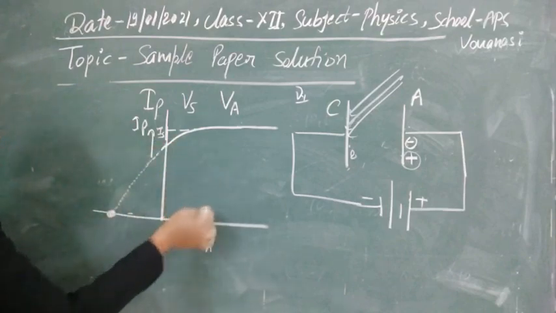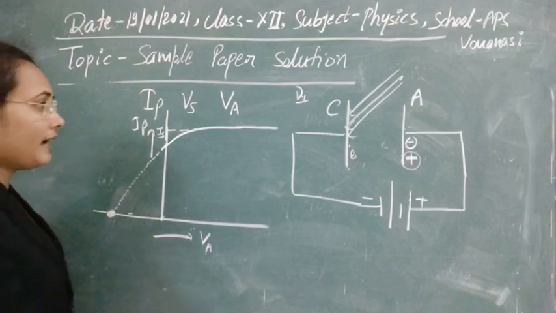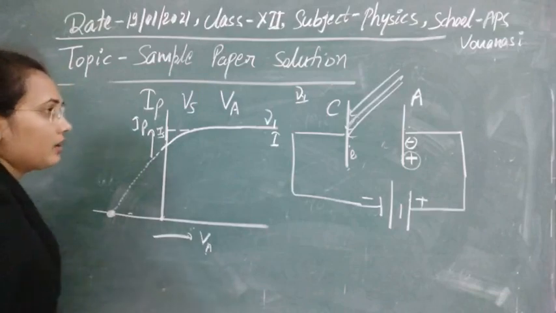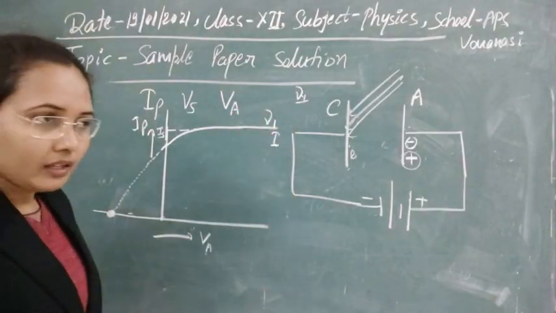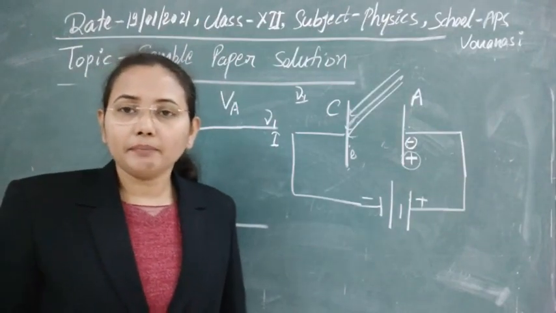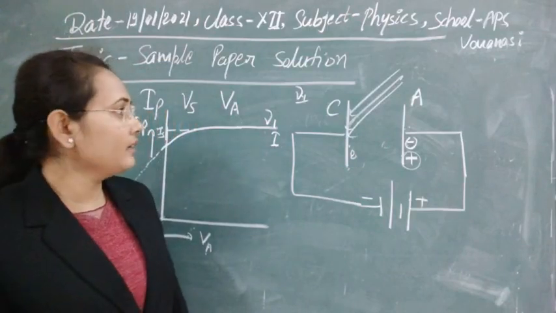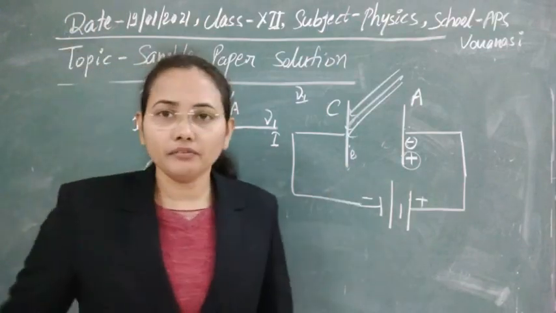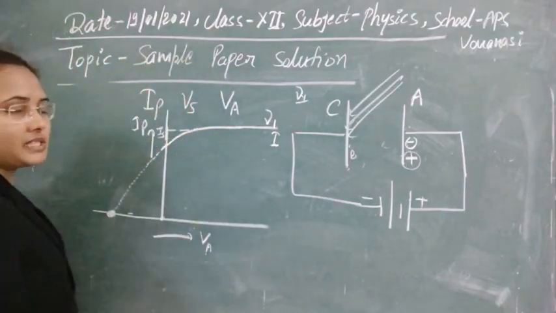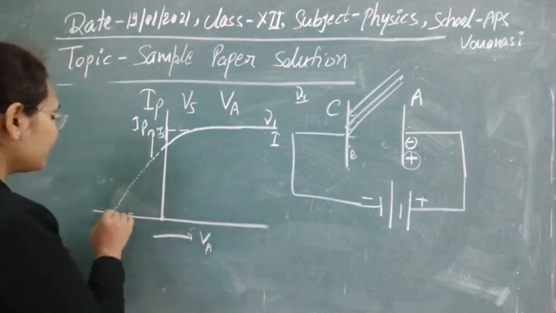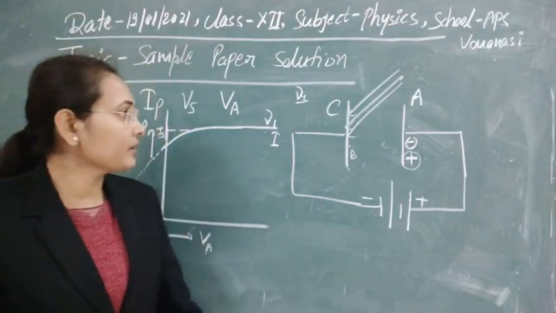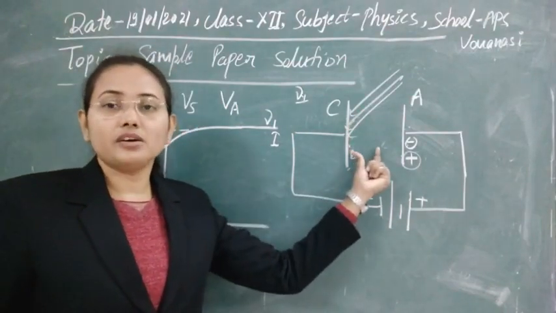So this is the graph between anode potential and photoelectric current at constant intensity, at frequency nu1. Now let us increase the frequency. If we increase the frequency to nu2, the saturation current will be the same. The reason is that frequency does not change the number of electrons ejected, so the maximum current will be the same, but this negative potential will now extend further. The reason is that if the frequency is increased, the kinetic energy of the electrons is increased.